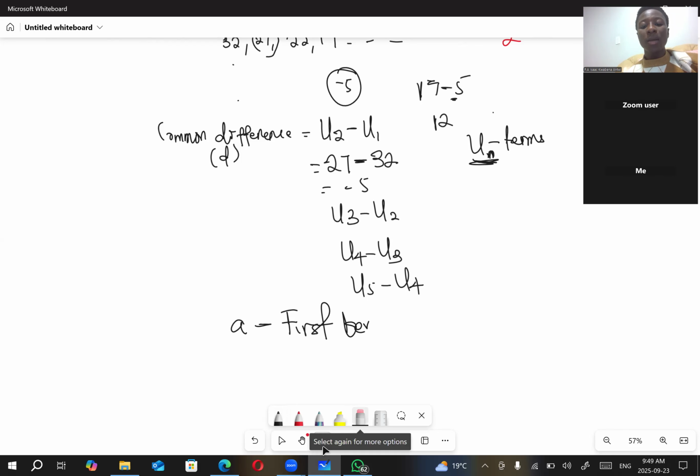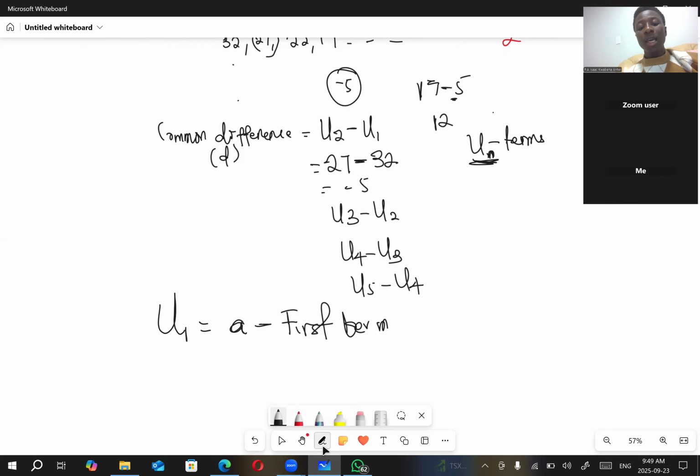So let's do something here. Already we know that Un represents the nth term. So U1 is the first term, isn't it? So the first term can be the same as a, but in formulas you see a a lot.